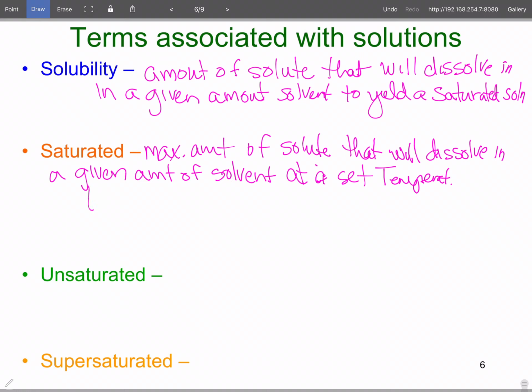And usually that means that there's solid present. Not always. There might not be much that you can see, but there's going to be solid present.